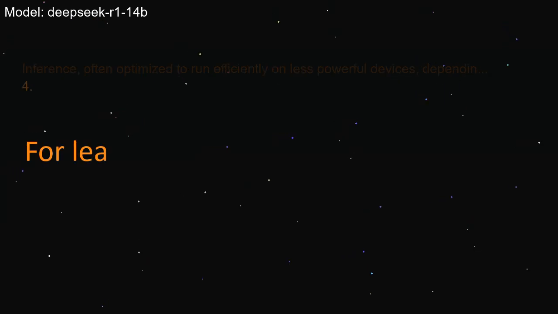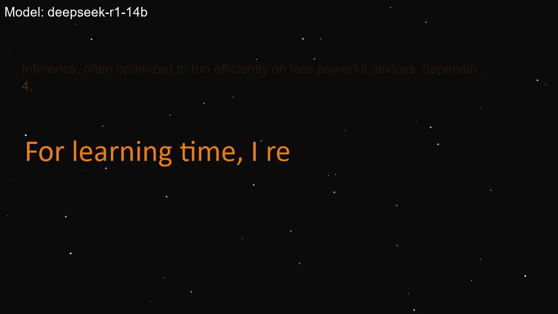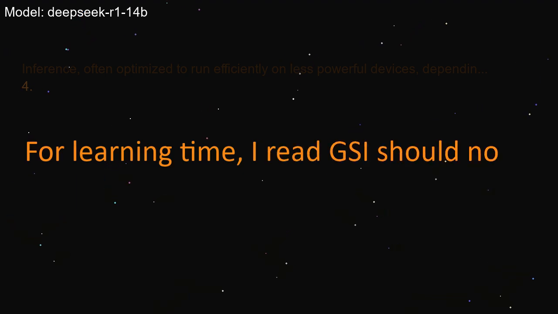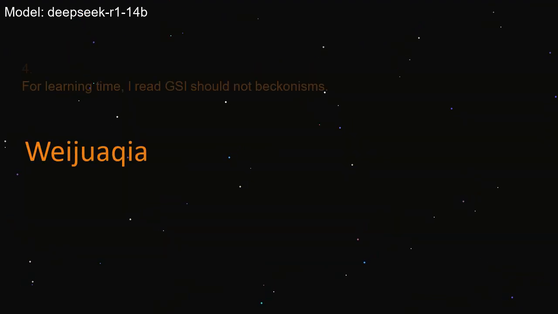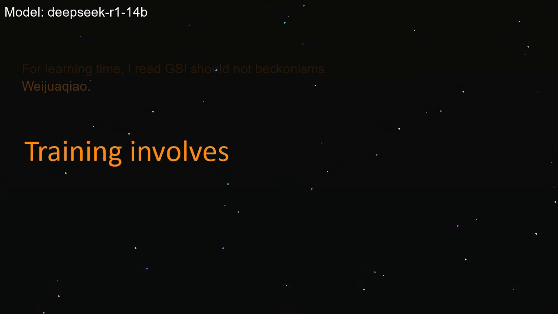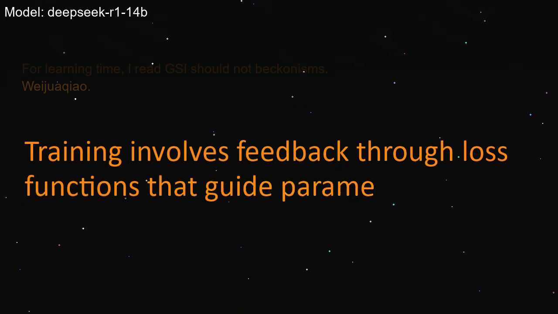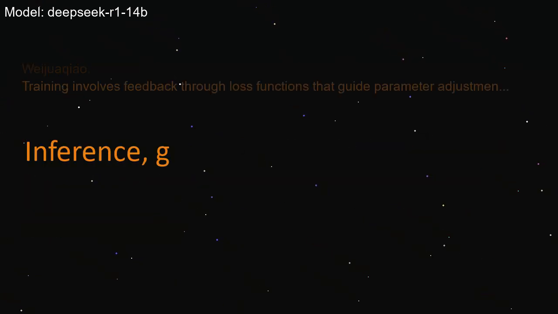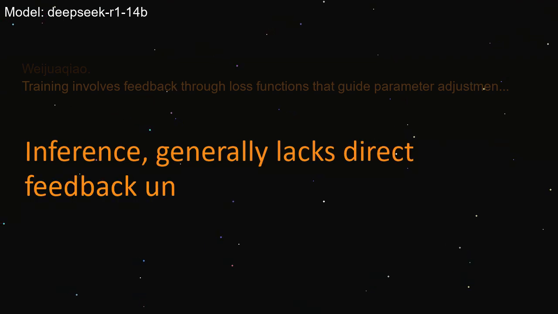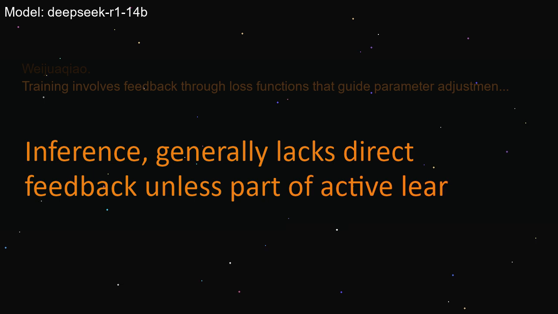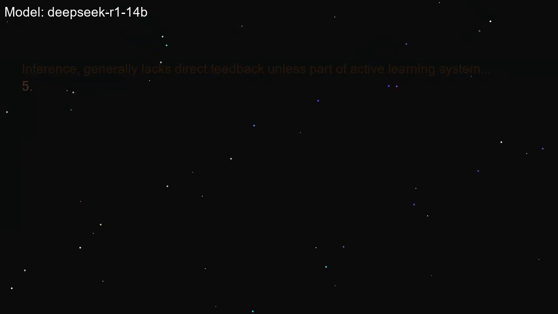4. Mechanisms. Training involves feedback through loss functions that guide parameter adjustments. Inference generally lacks direct feedback unless part of active learning systems. 5. Model dynamics.